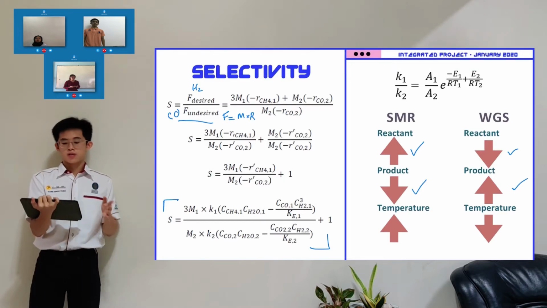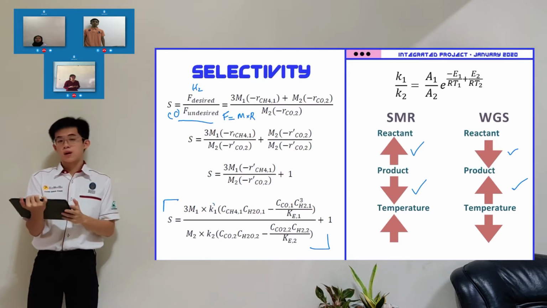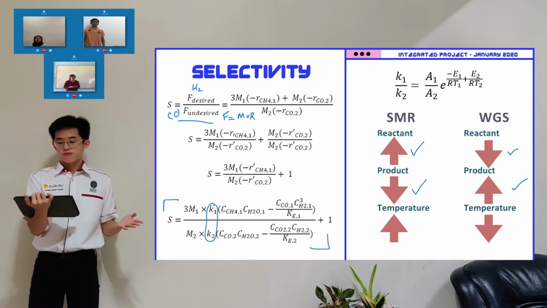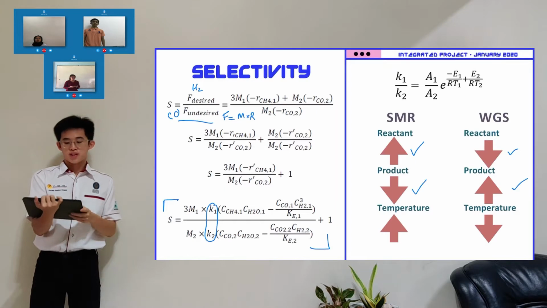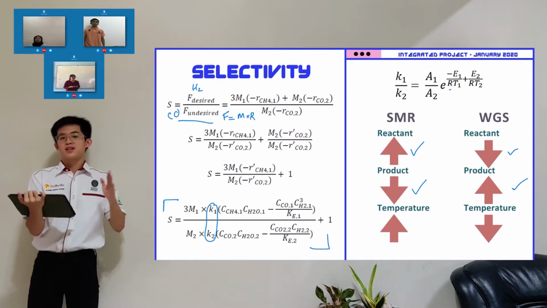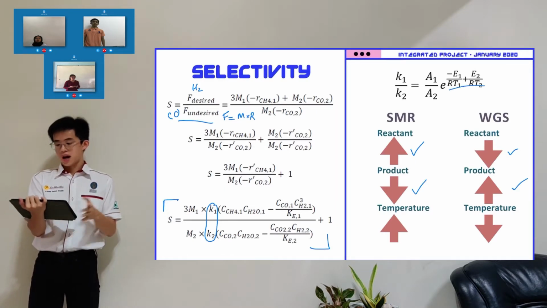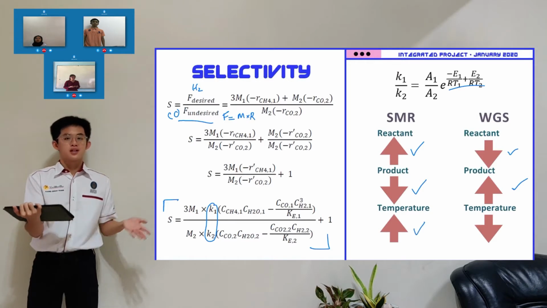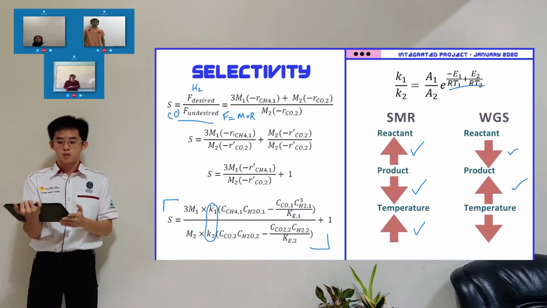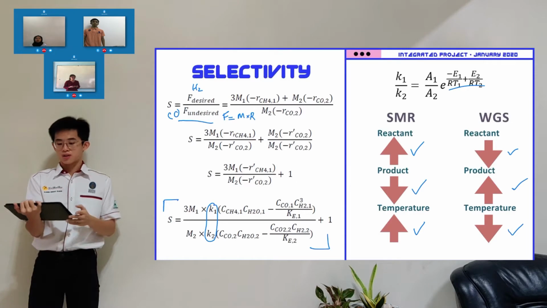We also can see that the selectivity is proportional to K1 over K2, and from the Arrhenius equation, we can say that the temperature in the SMR reactor has to be high and the temperature in the WGS reactor has to be low to maximize the selectivity.